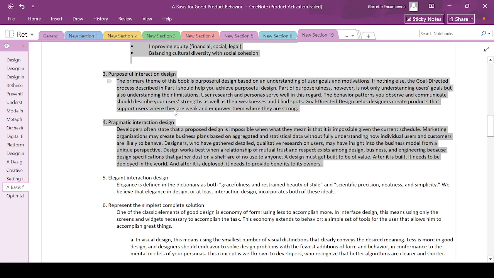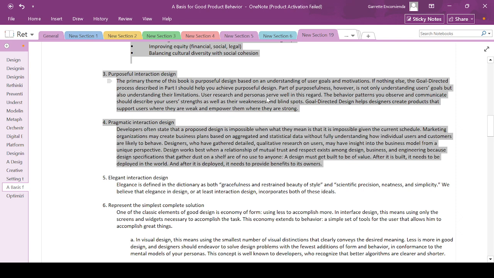Purposeful interaction design. The primary theme of this book is purposeful design based on understanding of user goals and motivations. If nothing else, the goal-directed process described in Part 1 should help you achieve purposeful design. Part of purposefulness, however, is not only understanding users' goals, but also understanding their limitations.